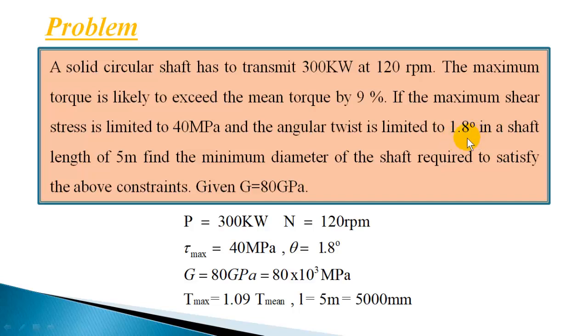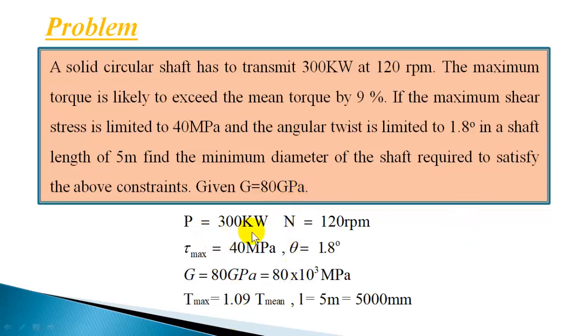This is a constraint. So there are two constraints. Maximum shear stress should not go beyond this. Angular twist should not go beyond this in 5 meter length. And you are given the modulus of rigidity as 80 gigapascal. So these are the given data.